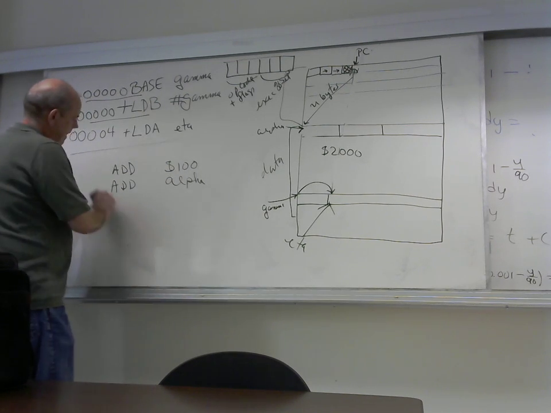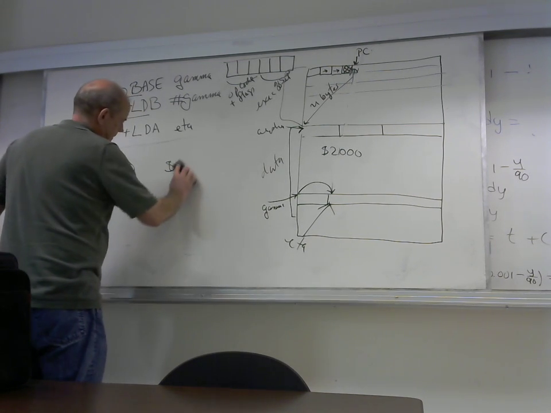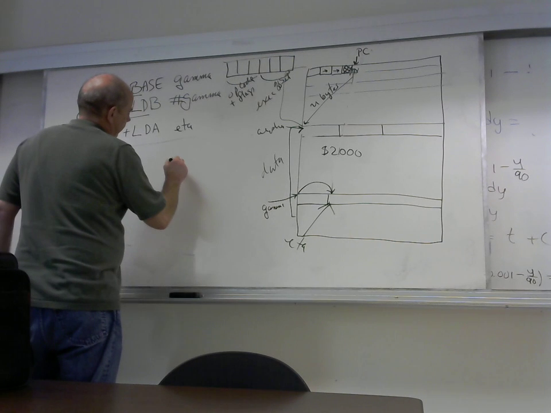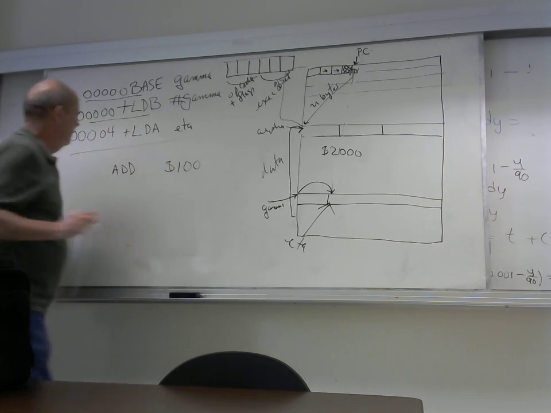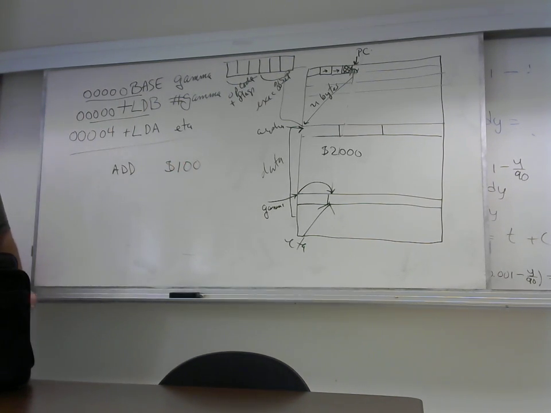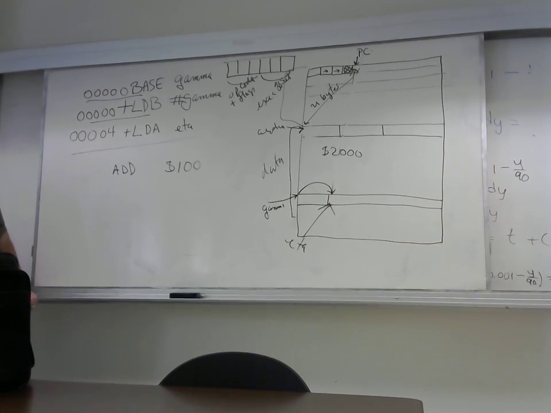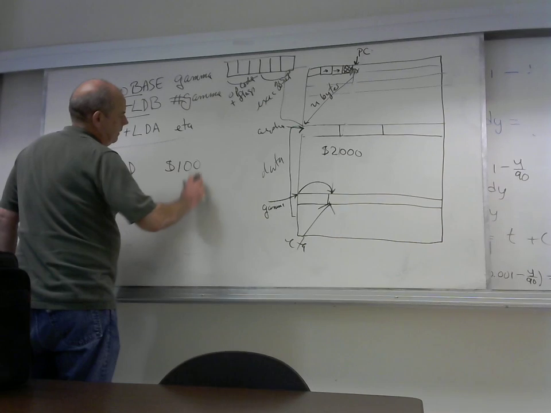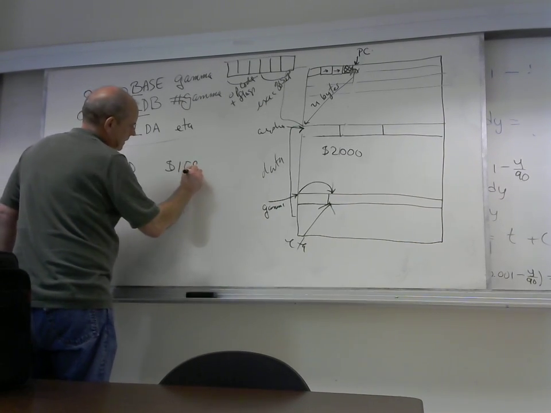So you might have something like add, well, what did you find? We'll leave it. So then you go back and you have changed the code and added some new instructions. Well, this memory location has been moved down, so you're going to have to go back and change it and calculate where this data would be.